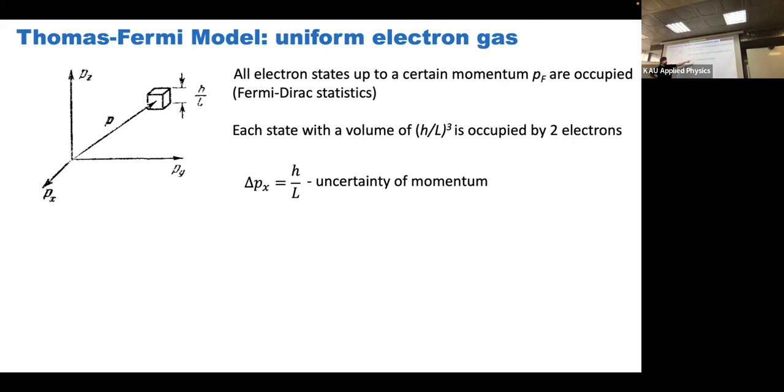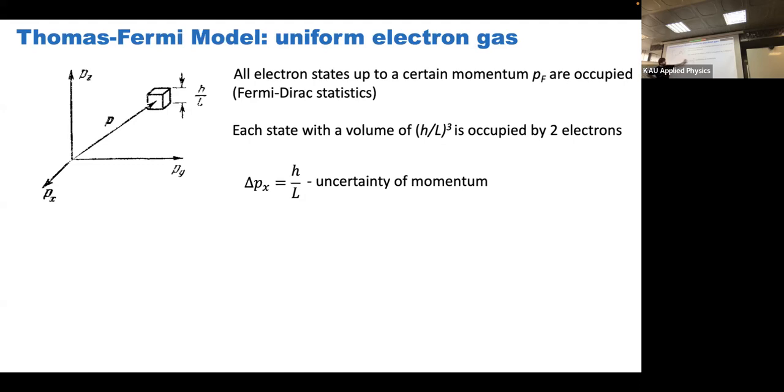It's the uncertainty of momentum. If we apply the Heisenberg uncertainty principle, we will have delta P multiplied by L, delta X, some small size, equals h, Planck's constant.